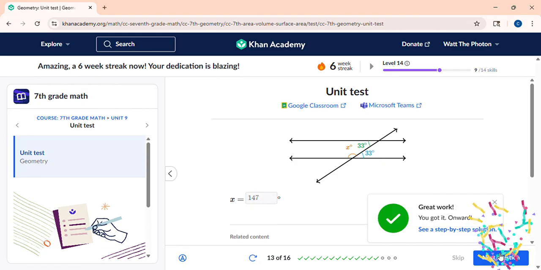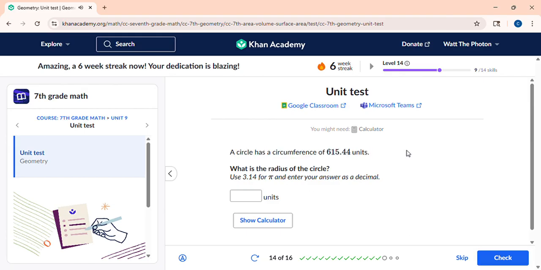Yeah, that seems right. The circle has the circumference of this. What's the radius? So we're going to have 615.44 divided by 2. I get this divided by pi, and then we divide it by 3.14. That gets us 98 units.